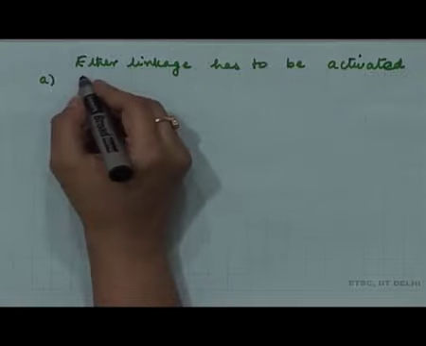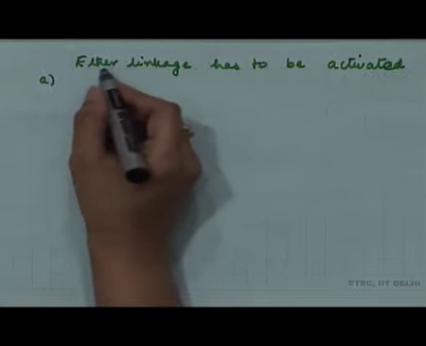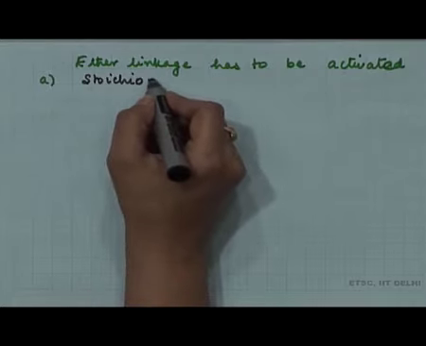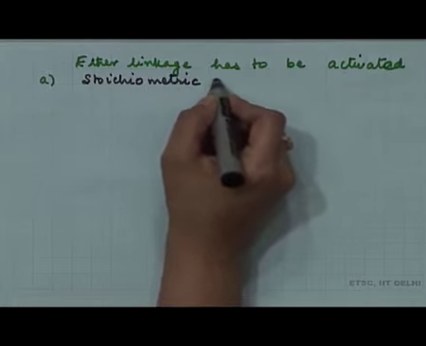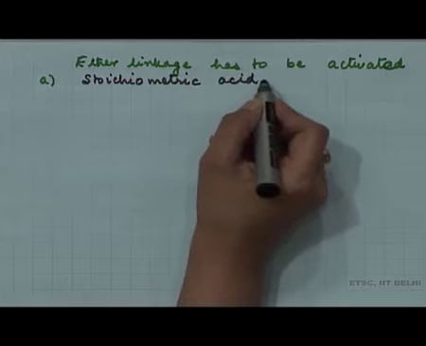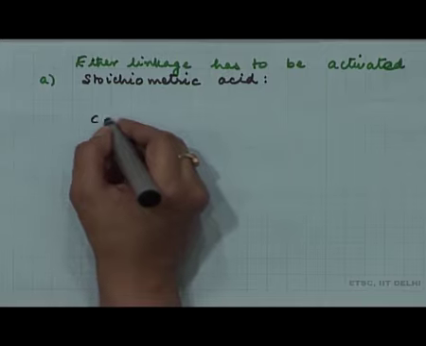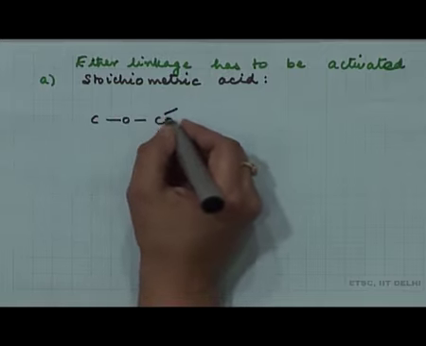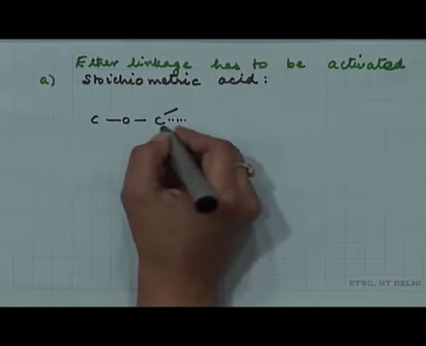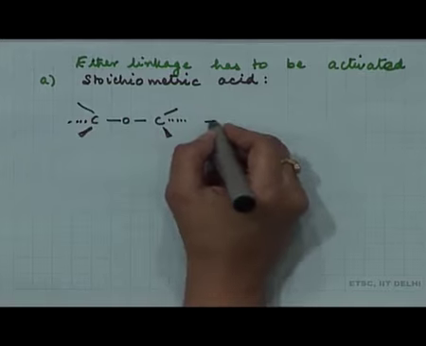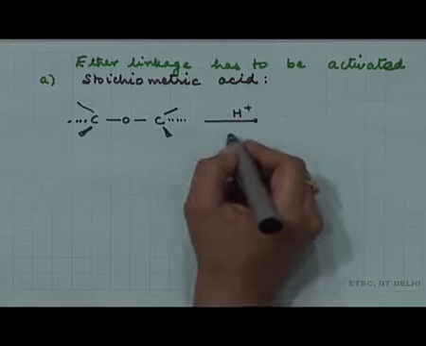So, one of the ways would be to carry out this cleavage by using a stoichiometric amount of an acid, which activates the oxygen. So, what happens is that you have your ether, and you add an acid.